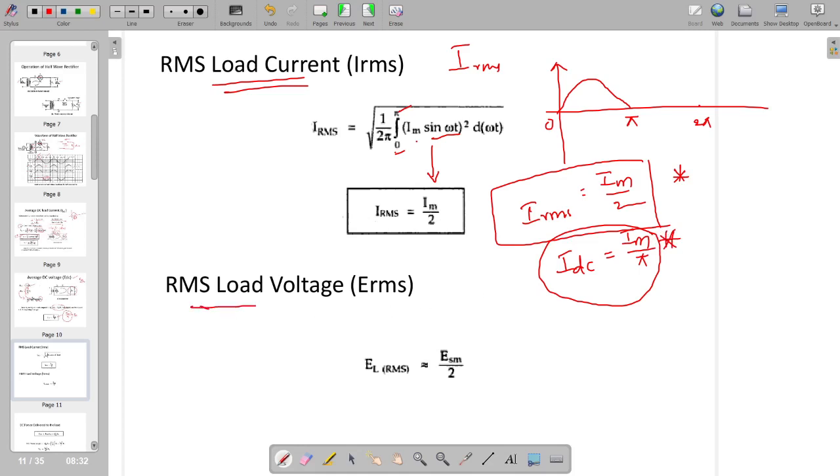In a similar manner for the RMS voltage, I am writing directly E_L RMS is equal to E_sm upon 2.